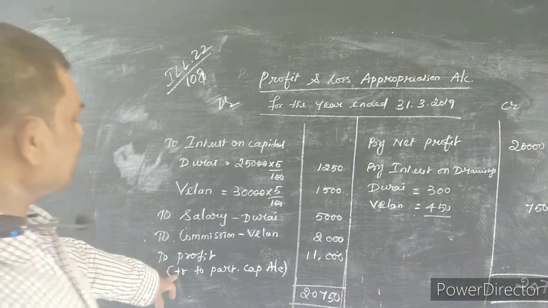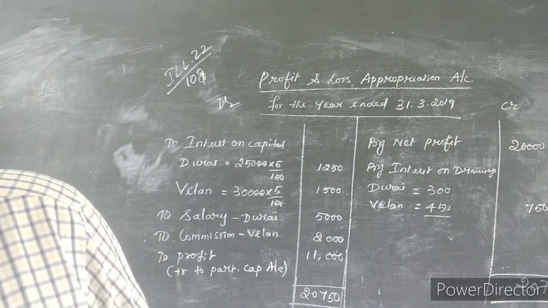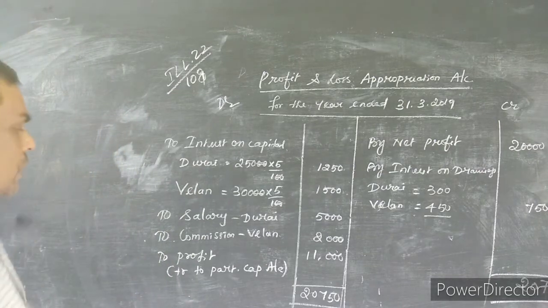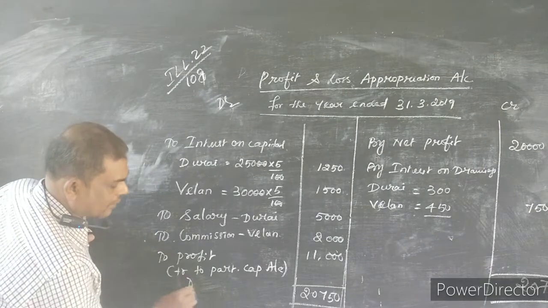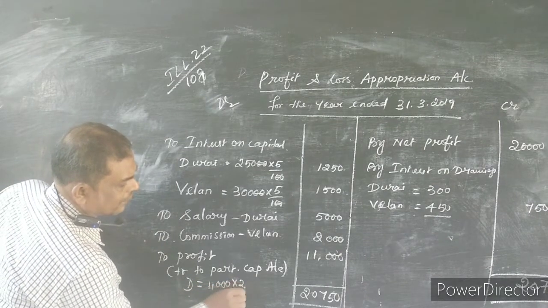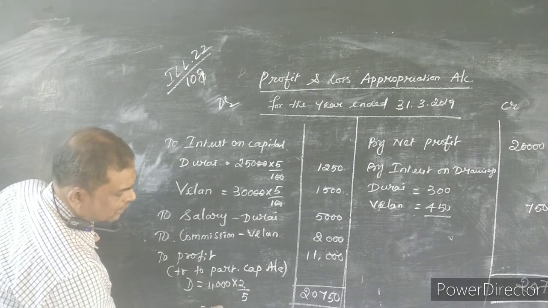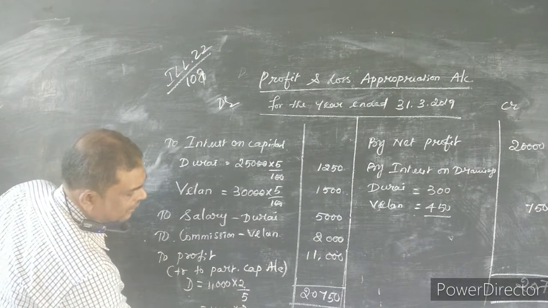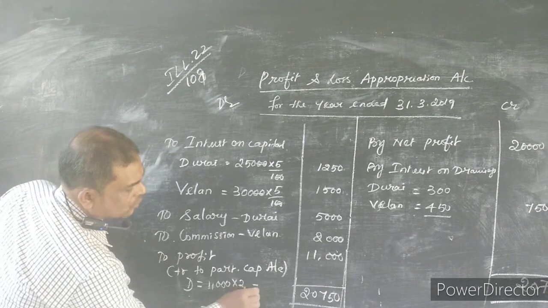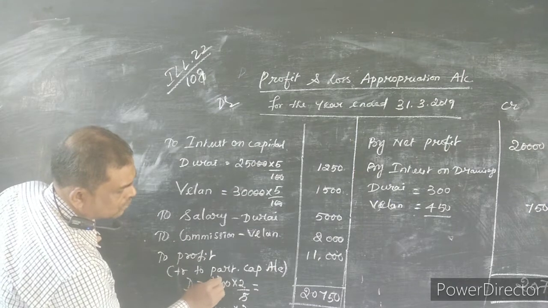Who are the partners here? One is Durai and the other is Velan. What ratio are they getting the profit in? 2:3. So Durai is 11,000 into 2 divided by 5, and Velan is 11,000 into 3 divided by 5. So for him 2 shares, for him 3 shares.